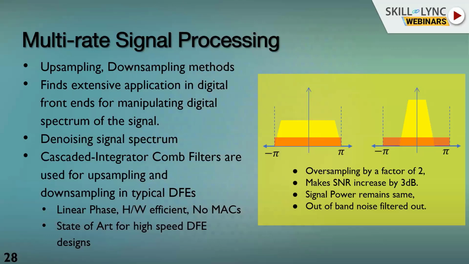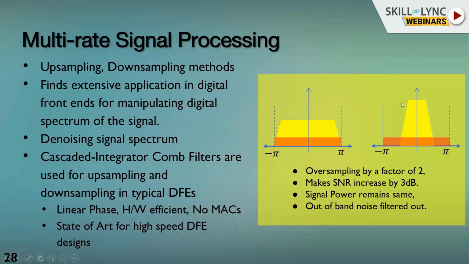So your yellow area is not changing, but your signal is spanning only from minus pi by 2 to plus pi by 2. So what you can do is filter this spectrum out because this is the only desired spectrum.